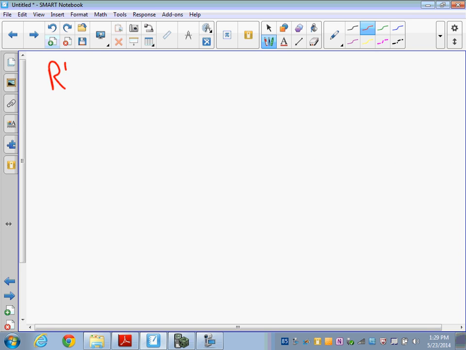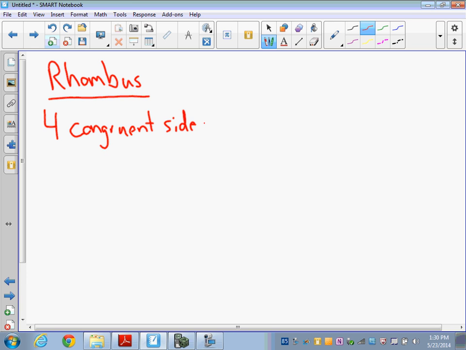The thing that you need to know about a rhombus is 4 congruent sides. A lot of times we'll see a rhombus drawn like this, and people will say it's a sideways square. It's really not the best explanation for it, but all the sides will be equal. It won't necessarily have right angles.